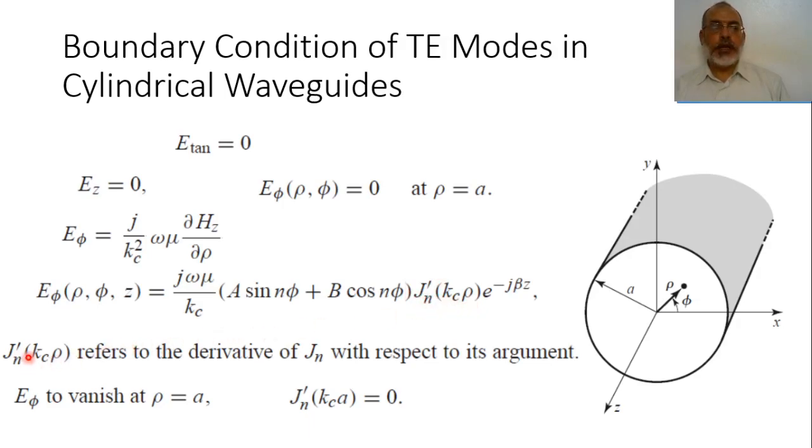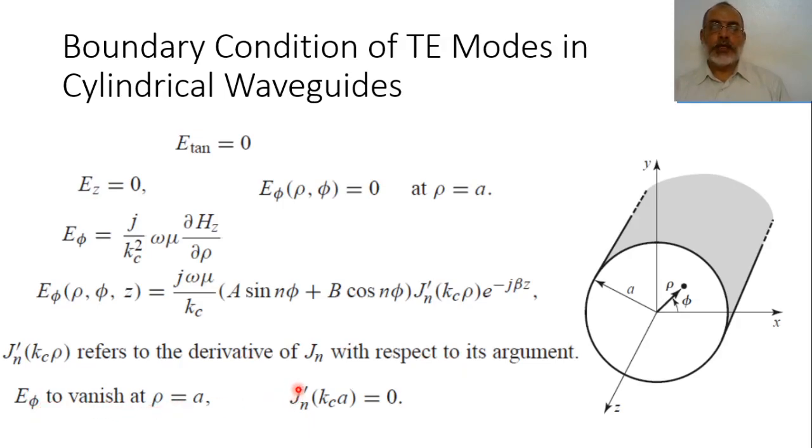So Jn dash of Kc rho refers to the first derivative of the Bessel function of order n, Jn, of the first kind. J is the first kind Bessel function with respect to the argument. And E phi vanishes where rho equals a.